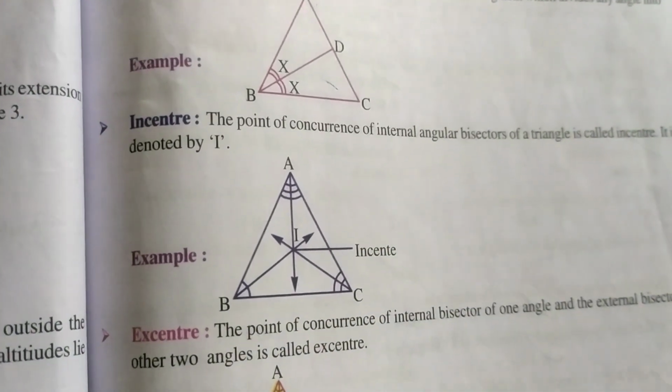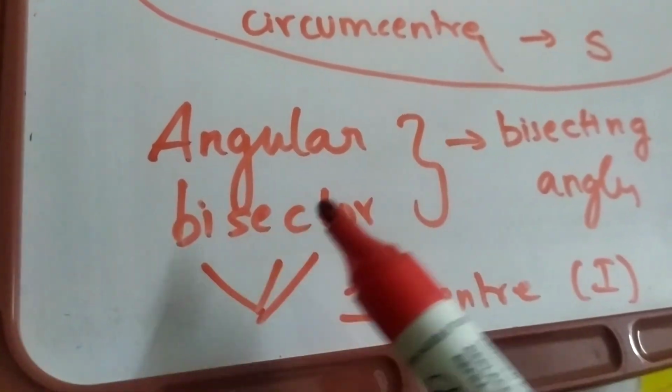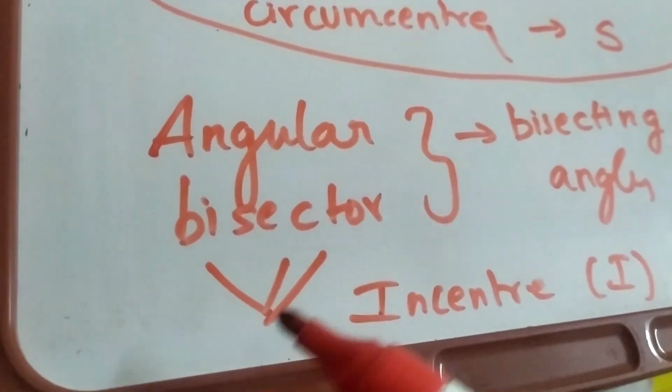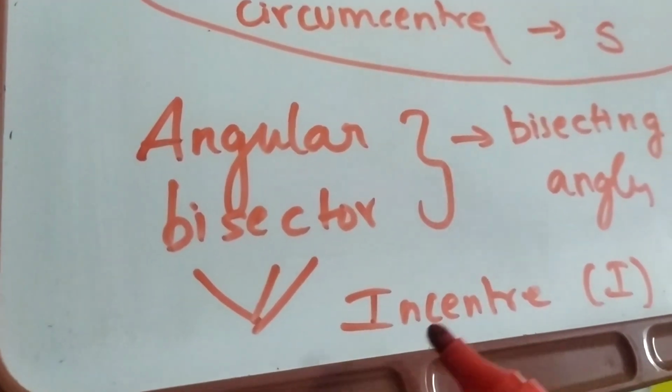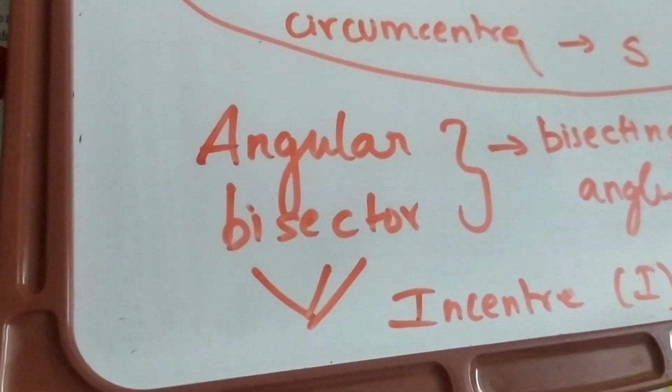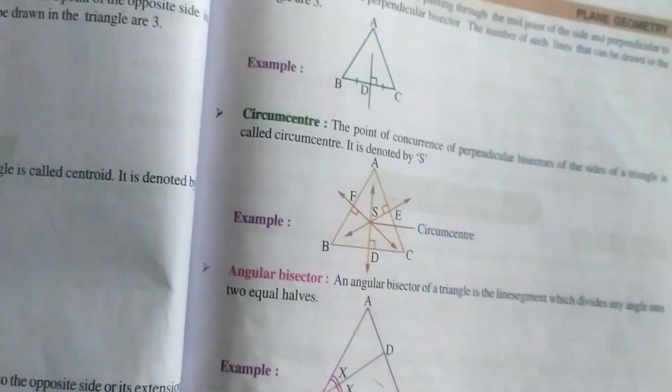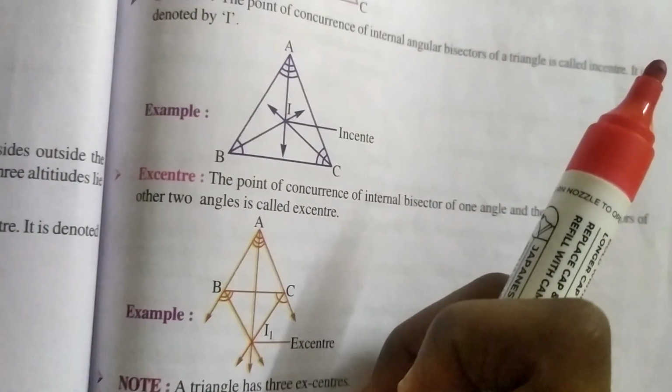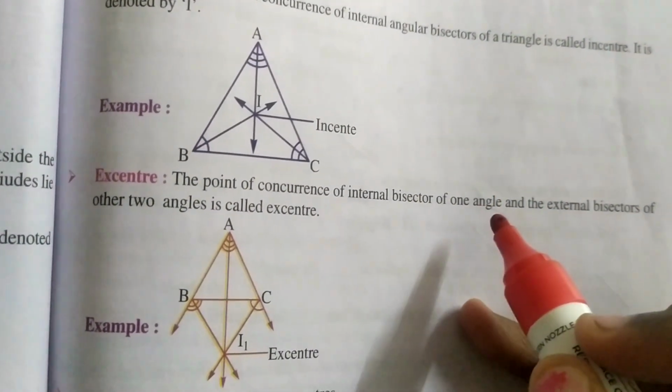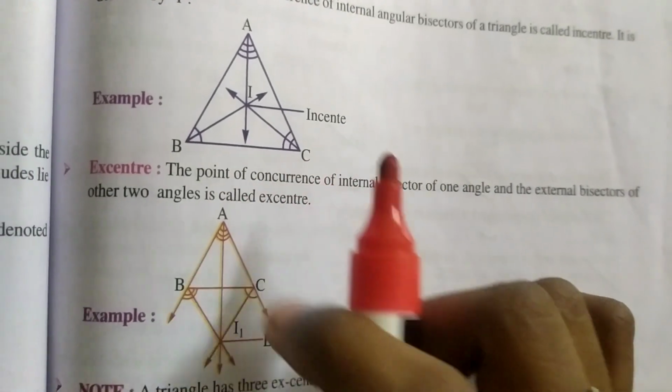Angular bisector means bisecting angles. The intersection of all the angular bisectors refers to the incentre, which is I. Next, we are going to see the point of concurrence of the internal bisector of one angle and the external bisectors of two angles.